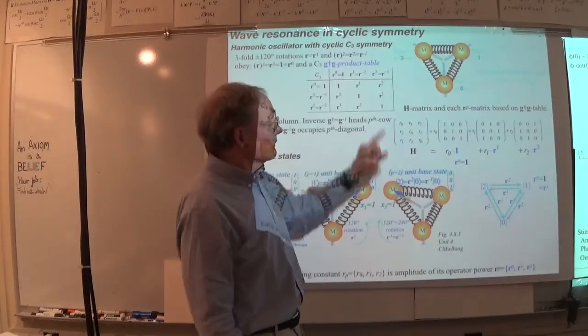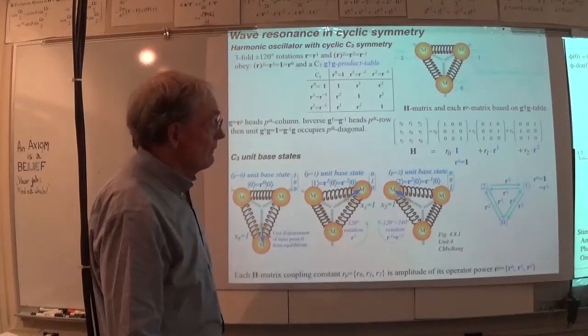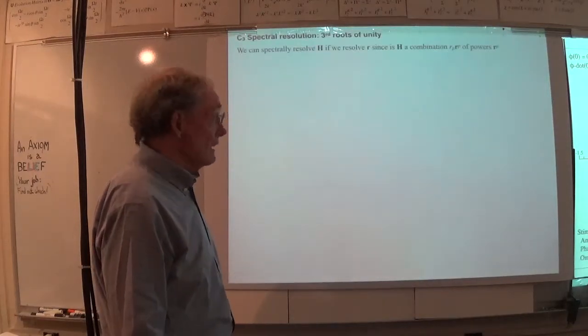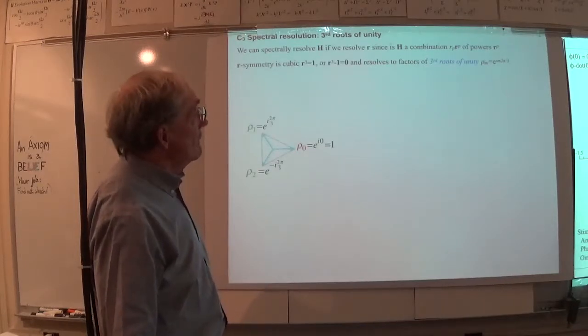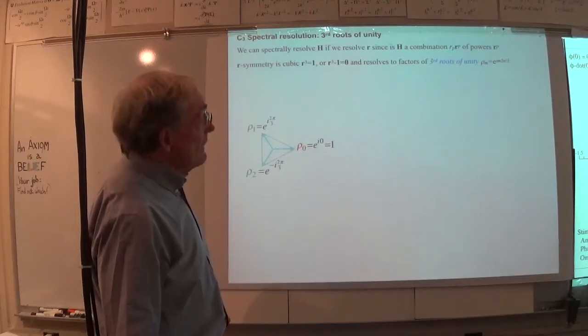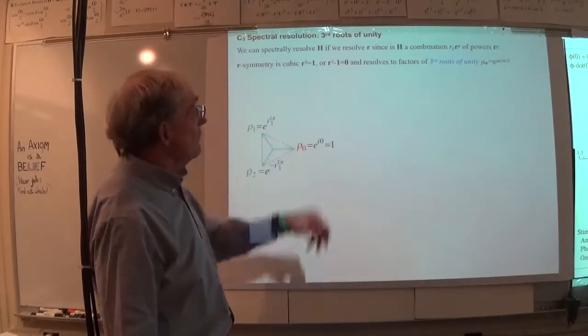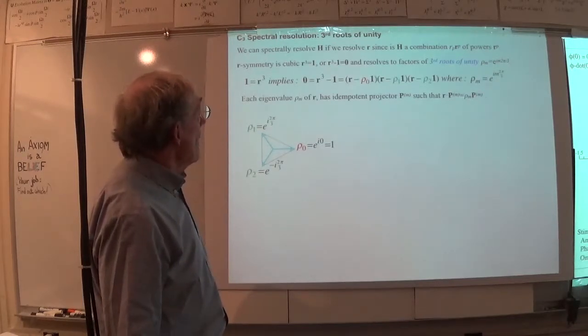This doesn't do anything. It's the identity. So we just take linear combinations of those guys, not leaving out the identity, but the basic idea is to spectrally resolve the group table, which is the Hamiltonian, or the K-matrix. The K-matrix will just be this thing squared. So pretty soon we get there.